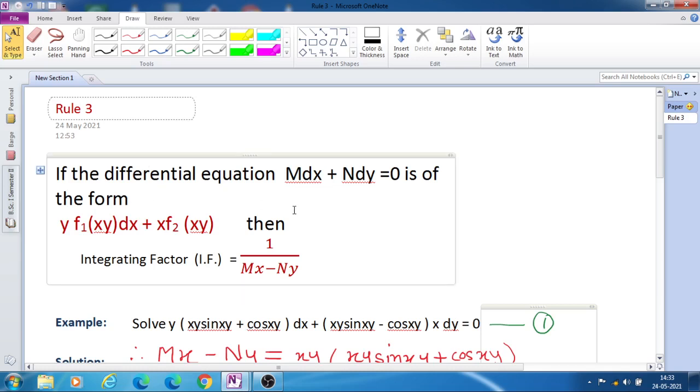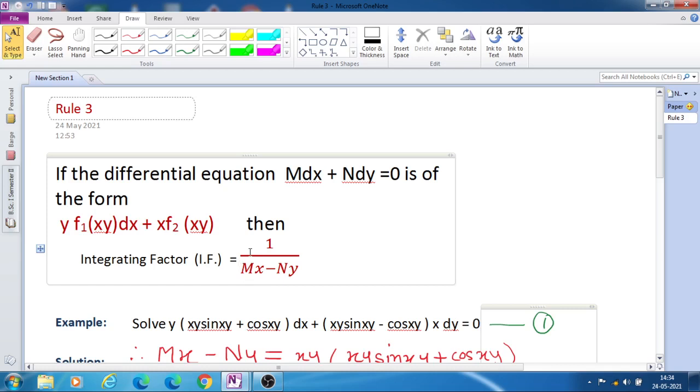If the differential equation M dx plus N dy is equal to 0 is of the form y into f1 of xy into dx plus x into f2 of xy, then integrating factor is equal to 1 upon Mx minus Ny.